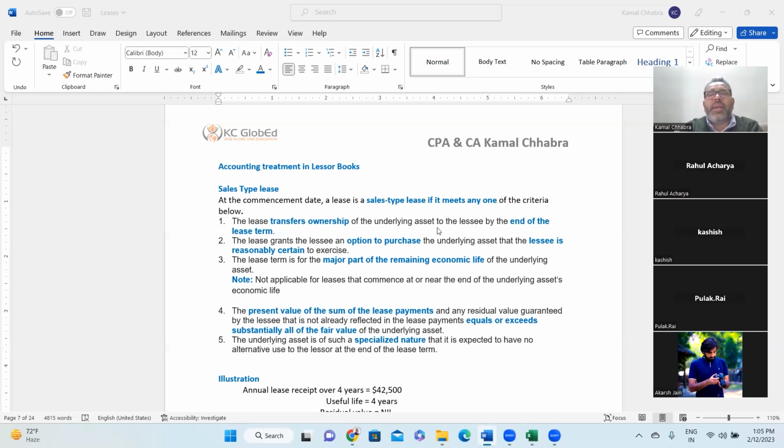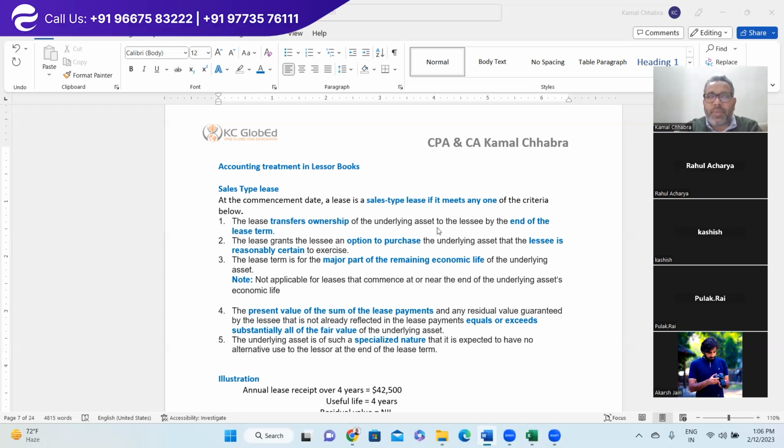So it means the lessor is giving a material right or an option to the lessee so that he'll be more than likely to exercise that option, because it is economically beneficial for him or her. Third, the lease term is for the major part of the remaining economic life.